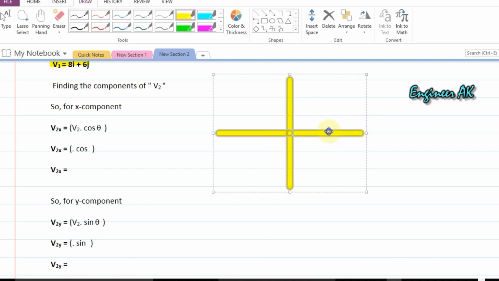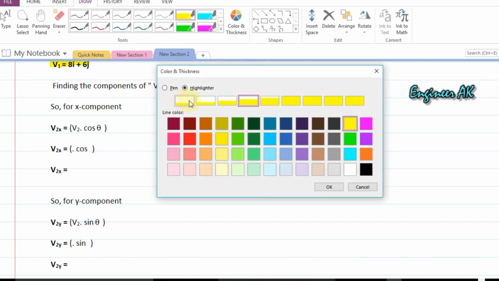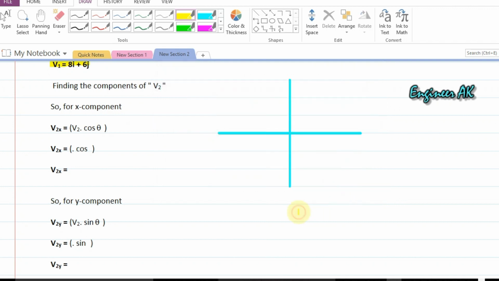Oops, wait, let me make it a bit shorter. Let's suppose it is okay. So here the second component is something like that, right? The v2, and it will also be having two components, right?